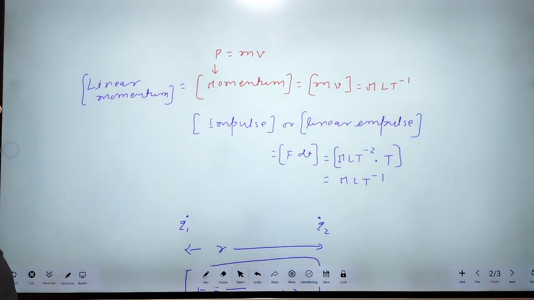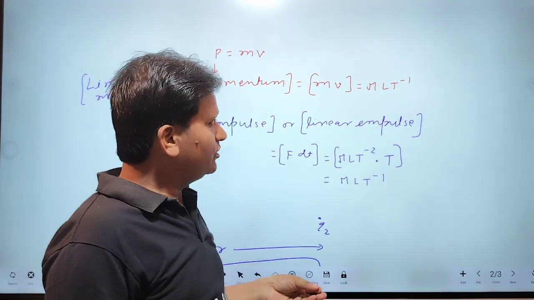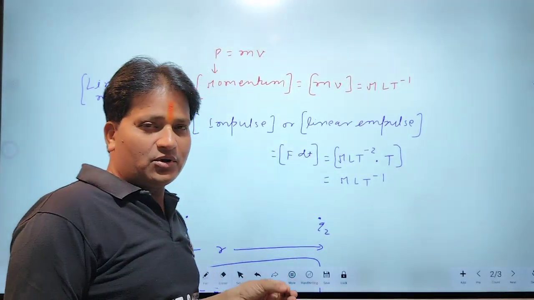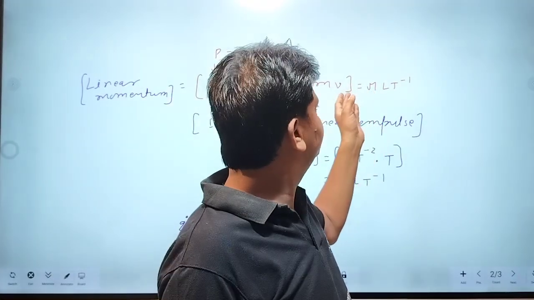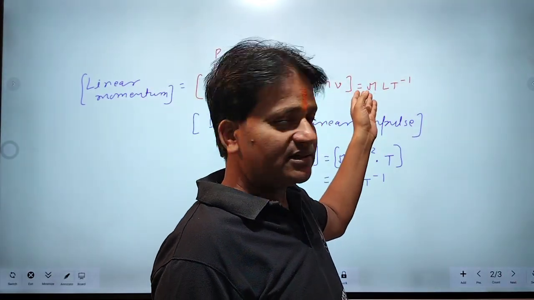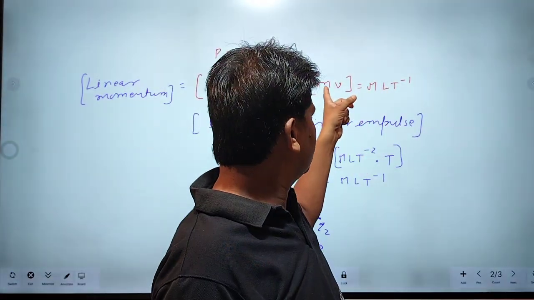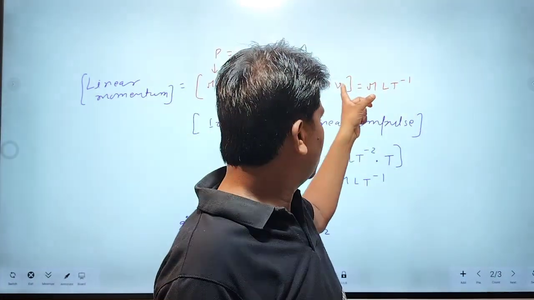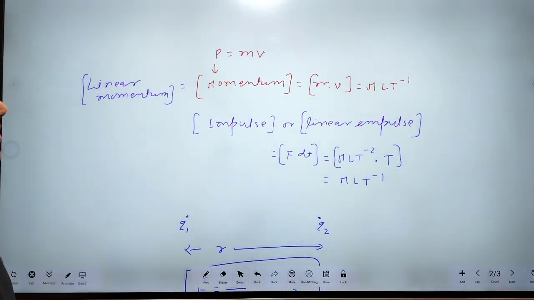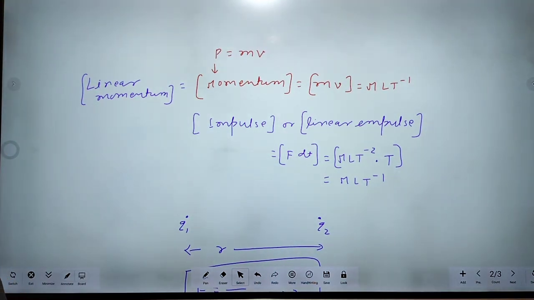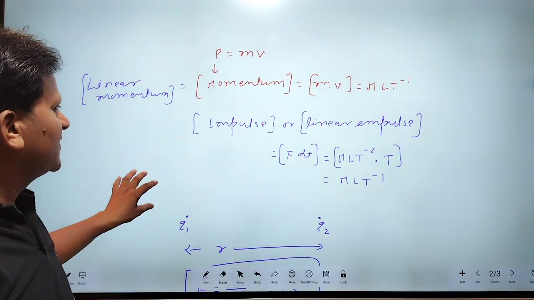Momentum is equal to mass into velocity. I have already determined the dimension of mass and velocity. Dimension of mass is M, and dimension of velocity is LT minus 1. Therefore, dimension of momentum will be equal to MLT minus 1.